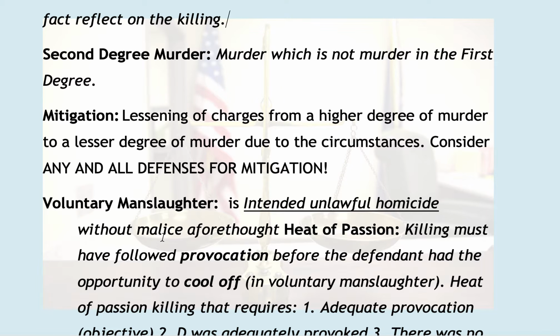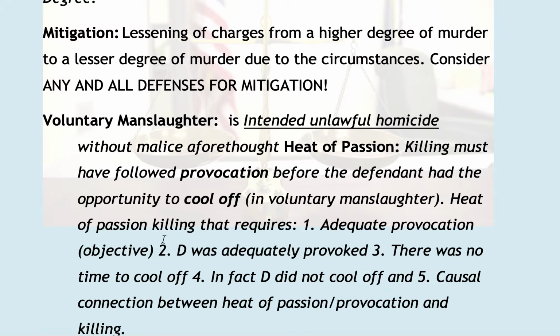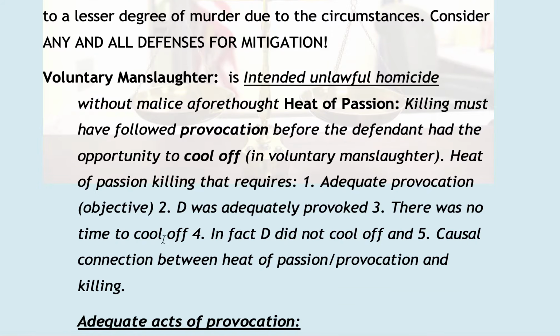Okay, voluntary manslaughter is intended unlawful homicide without malice aforethought. In other words, a heat of passion killing must have followed provocation before the defendant had an opportunity to cool off.